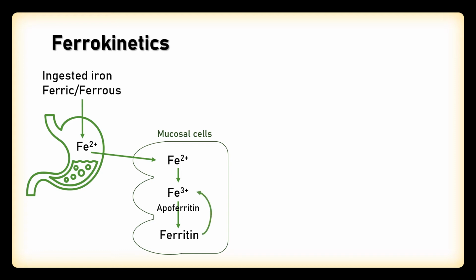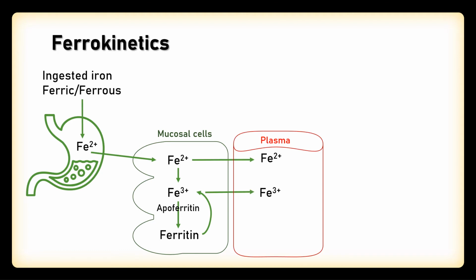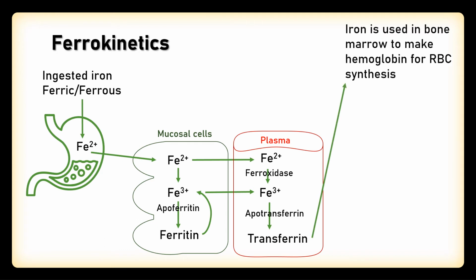Ferritin releases iron into the circulating blood, which is bound to a glycoprotein, beta-1 globulin, known as transferrin. This transferrin is then transported toward the bones where iron is used to make hemoglobin for RBC synthesis.